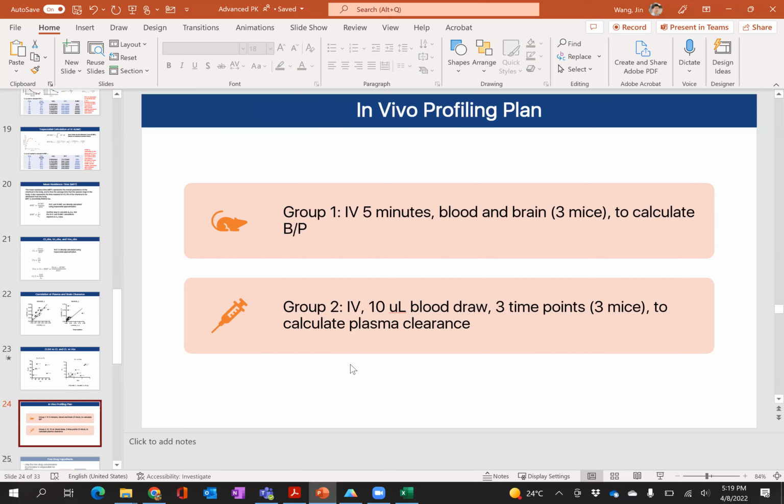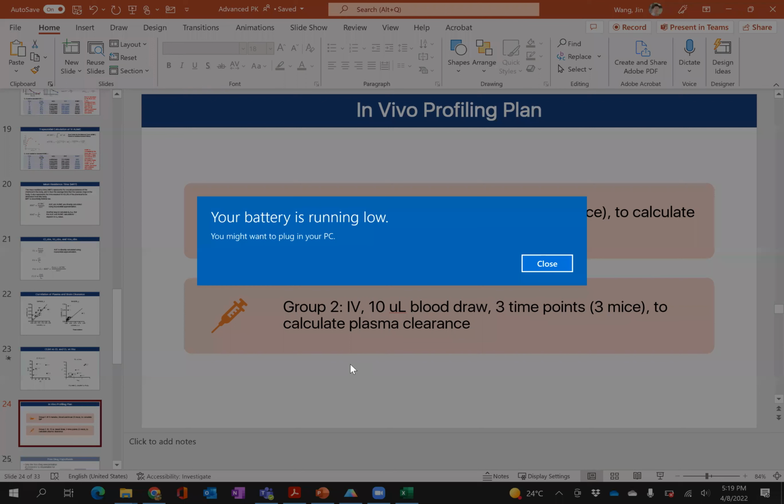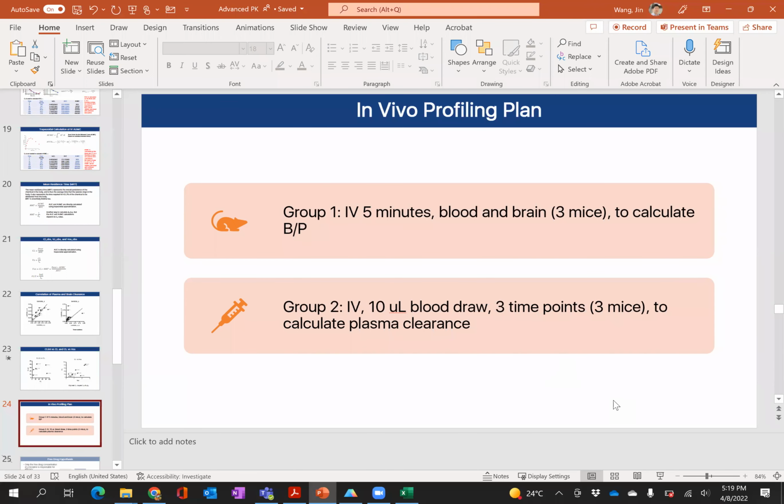But the good thing for that is you can keep drawing blood from the same animal, right? So for that, you don't get animal variation, and the PK profile from there should be more reliable than what you get from different animals, right? Does it make sense?